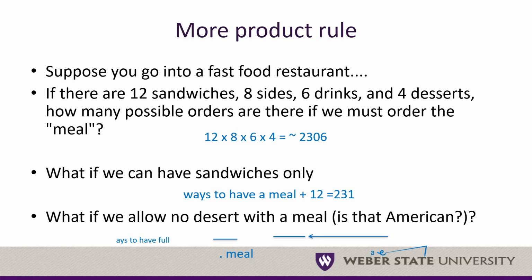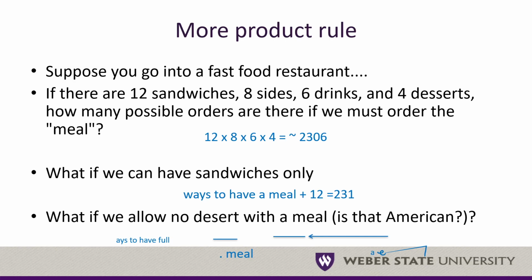The having sandwiches only didn't change, other than the fact that it dropped my 8 because that was on the line that went down here to the W that I managed to erase. And then if we allow no dessert, then it's just how many ways can you have a meal without dessert? Well, that would be our 12 times 8 times 6. So it's 1/4 of that, or the 576. So we add 576 to it.